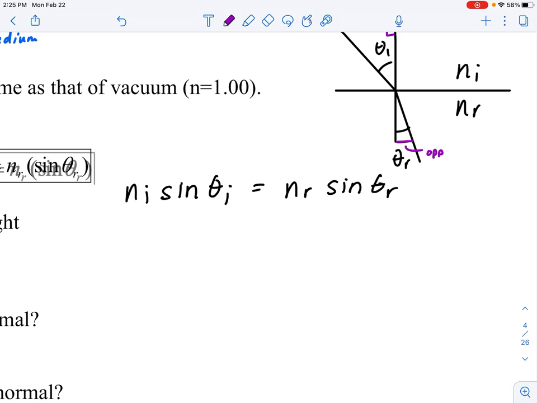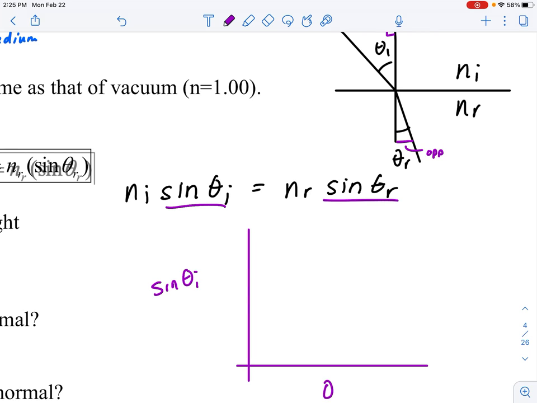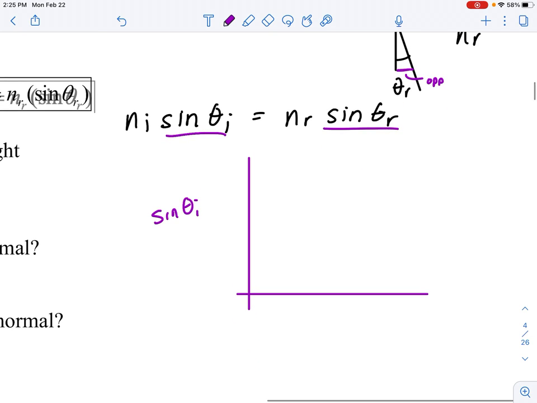Okay, now let's think about this for a second. What if I were to measure these sines for a certain substance and graph it for different angles? We're going to do this in class. Or maybe we've already done this in class, but regardless, I want to make sure that I'm clear about this next part because I saw lots of questions on the AP stuff.